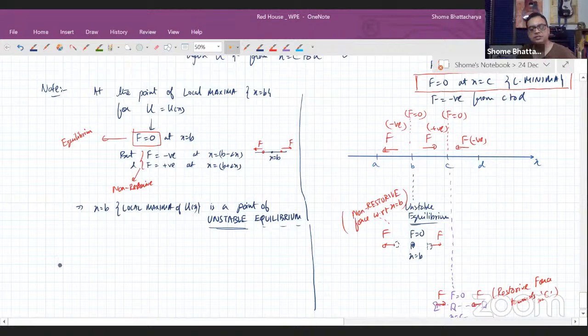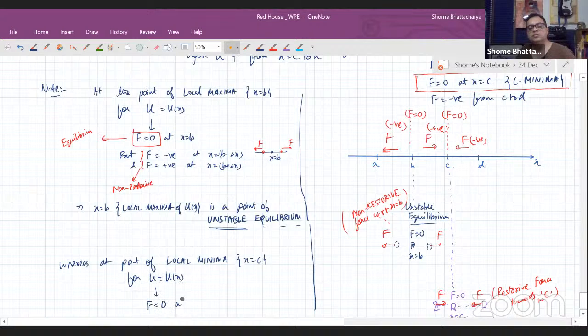Whereas at the point of local minima, like in the above diagram, x equal to c, for potential energy as a function of x, what happens?